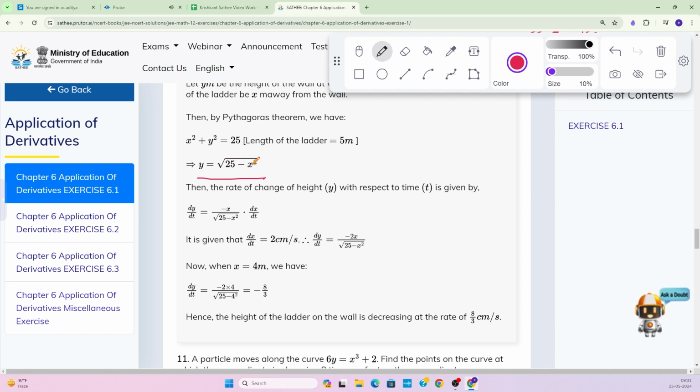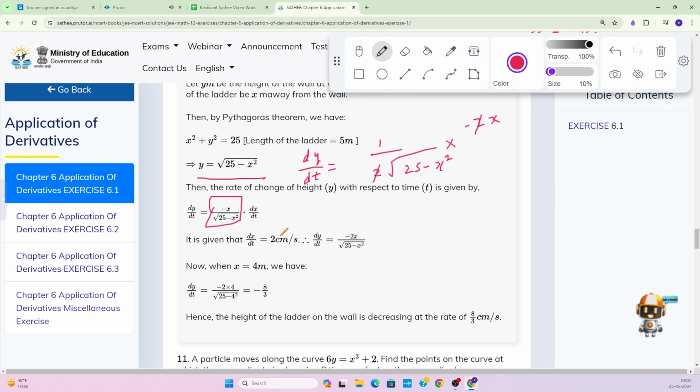So dy by dt is equal to 1 by 2 root 25 minus x square, multiplied by the derivative of the inside, which is minus 2x. This 2 and this 2 cancel, so you are left with minus x divided by root 25 minus x square. This is what is written over here.